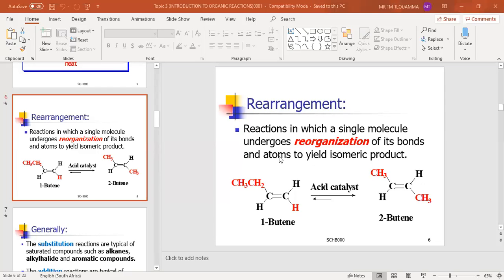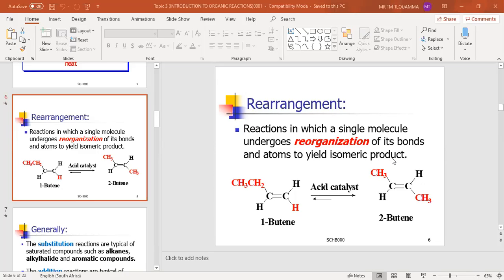So whatever we are going to get, those bonds are going to be arranged in such a way that they form an isomeric product.